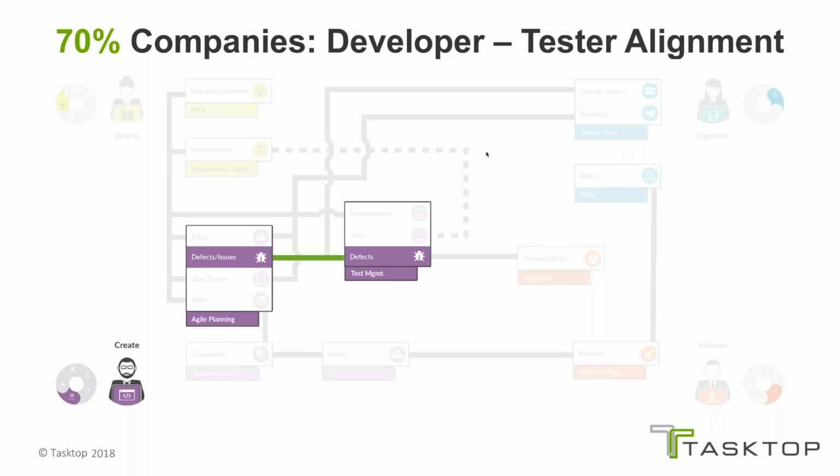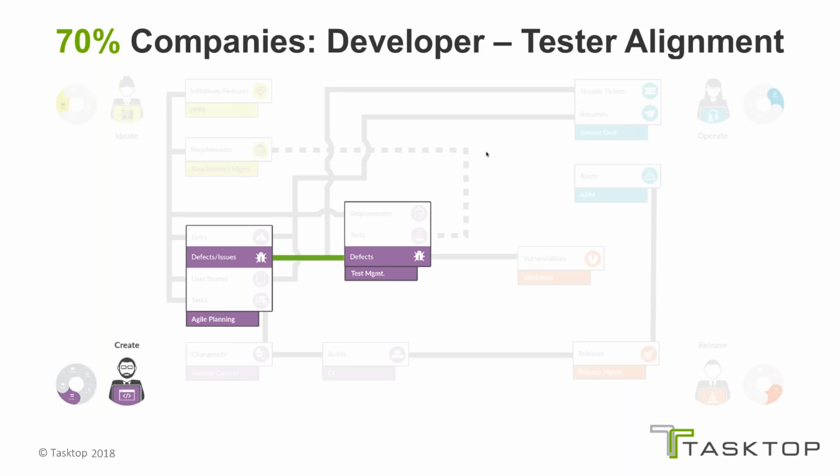So this first one is the most common, the most interesting integration pattern that these companies saw value in. And this was also 5 years ago. This is the one that we saw all the time. So no surprise here. This pattern involves developers and testers, trying to create alignment between two different teams who are using two different tools.